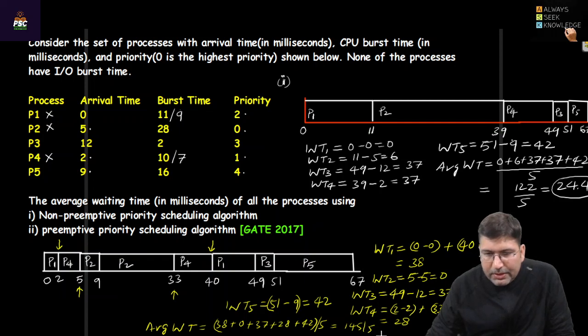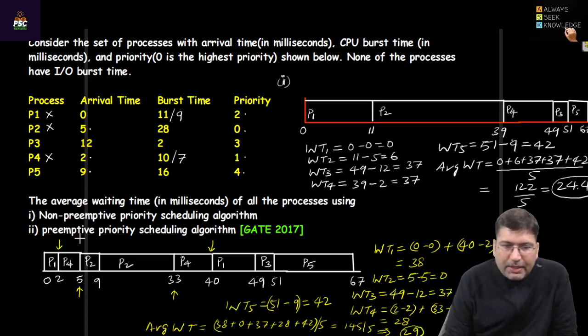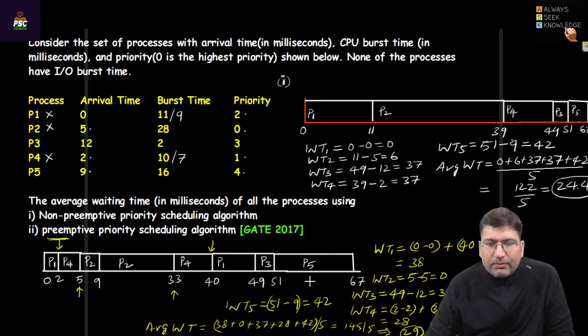If you calculate this, you will get 29. Okay, so the answer will be 29 for the second option. The average waiting time which has been asked in GATE 2017, the answer will be 29.